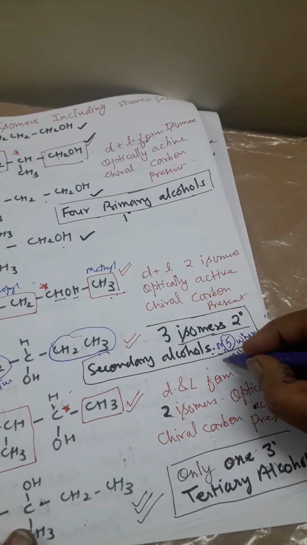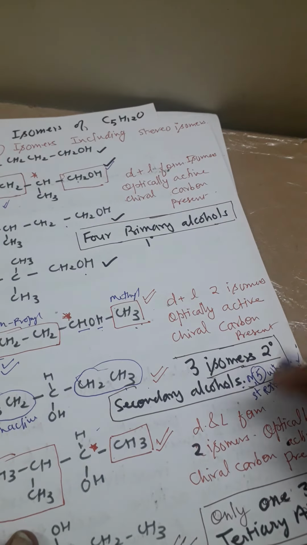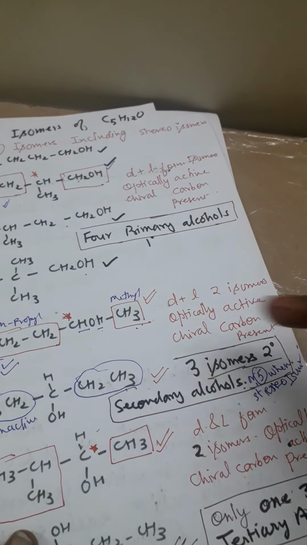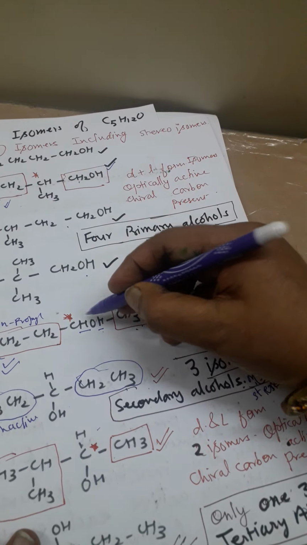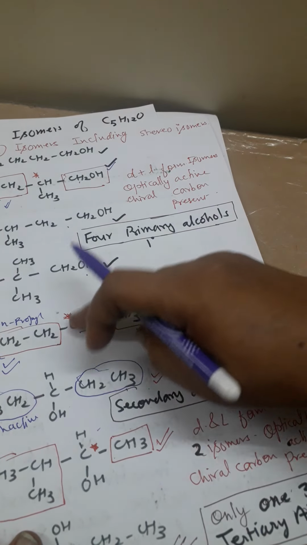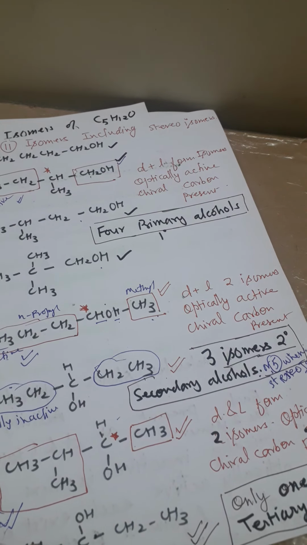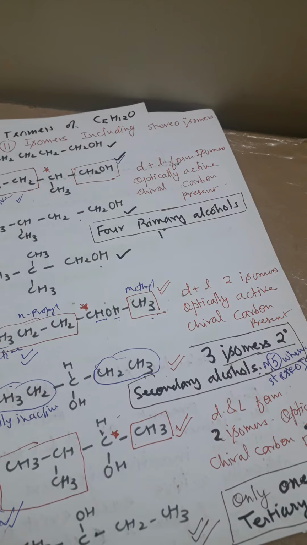See, stereoisomers. When we discuss stereoisomers, then we have to say 5 because 2 from this, 2 from this, and 1 from this. Otherwise, it is 3. Clear? 3 isomers of secondary alcohol, excluding stereoisomers. Clear?